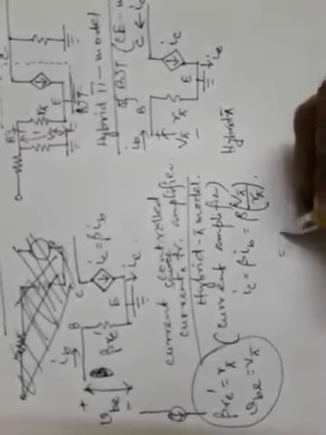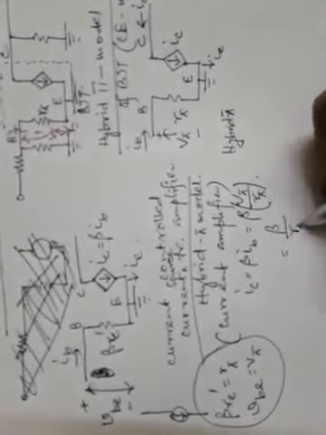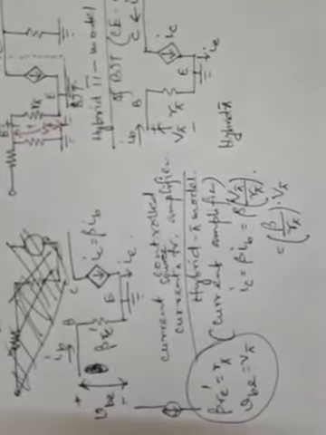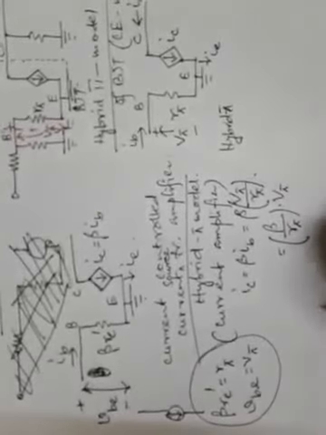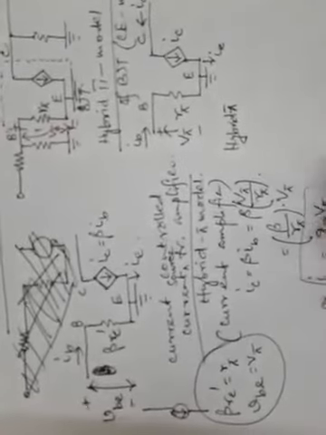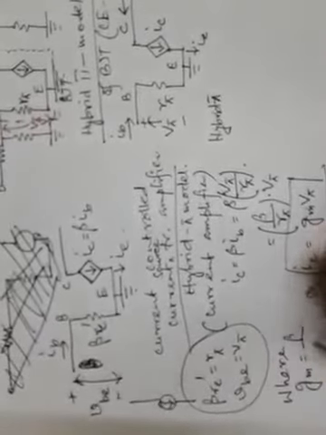So now alternately we can write it as beta by R pi into V pi, or IC equal to GM into V pi, where GM is beta by R pi.